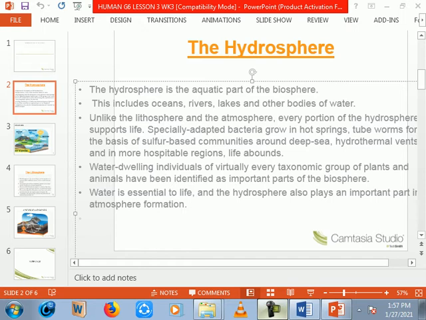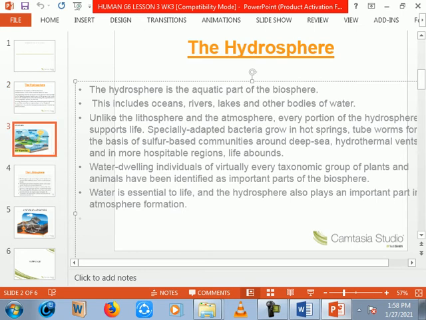Water-dwelling individuals of virtually every taxonomic group of plants and animals have been identified as important parts of the biosphere. Water is essential to life, and the hydrosphere also plays an important part in atmosphere formation. Because water is life, the hydrosphere plays a vital role in atmosphere formation.